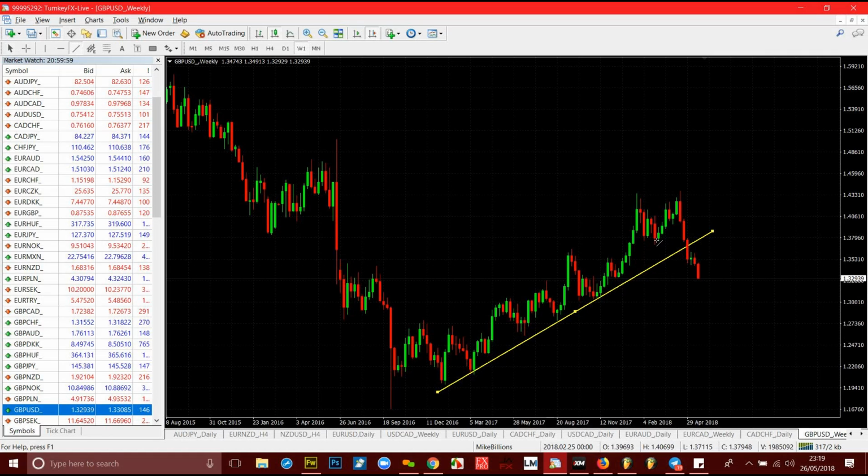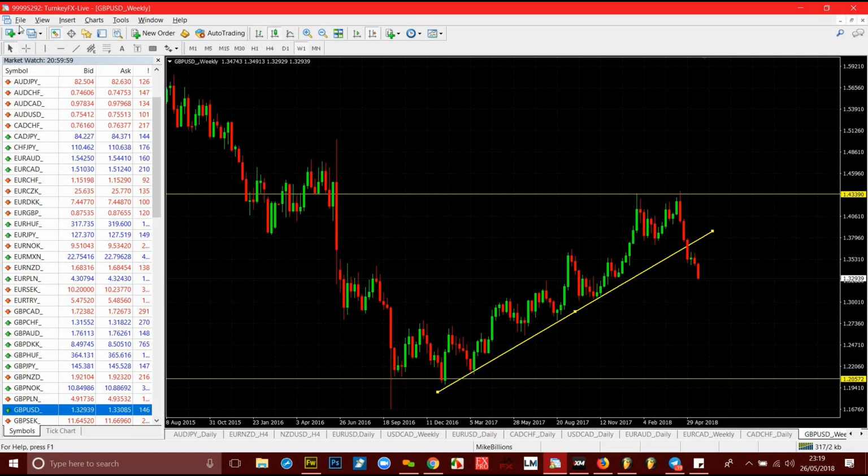It may just do a bit of pullback. Okay, let me see where it may pull back to. Before I identify this, let me just identify the zones, the levels that are present. Here this is.